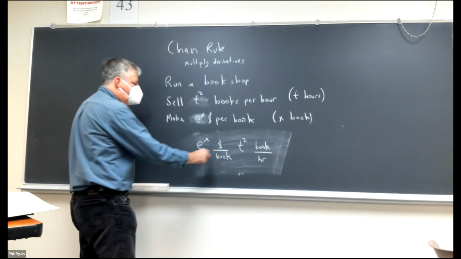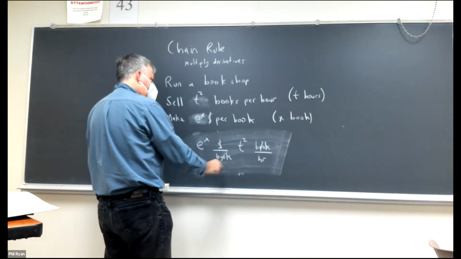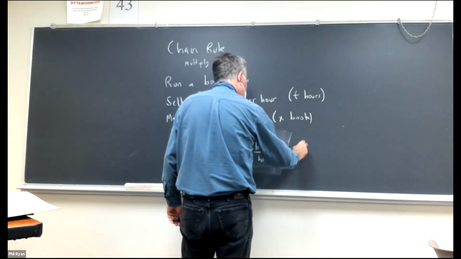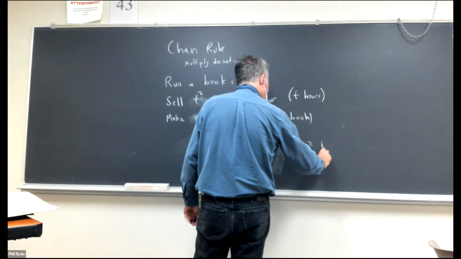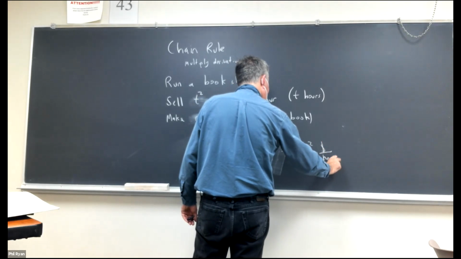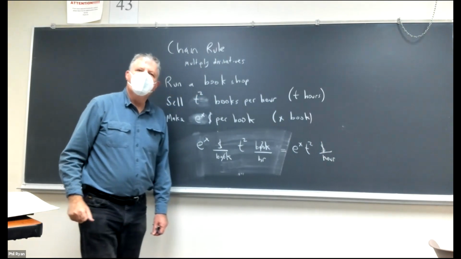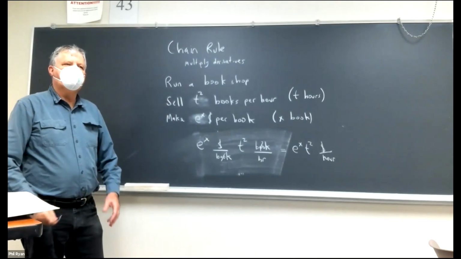And exactly the same thing happens. We're going to end up with e to the x times t squared dollars per hour. Even though that looks just so bizarre, that must be the case, right? Because the units match up.